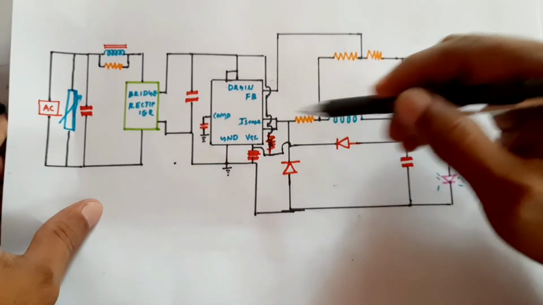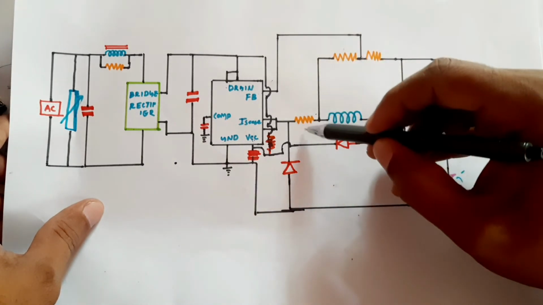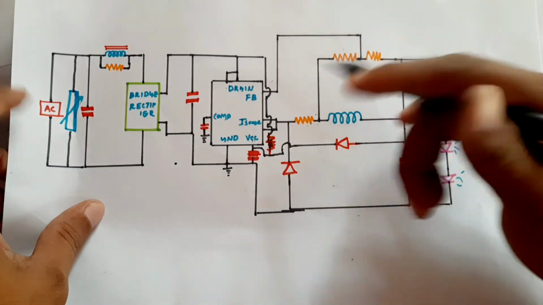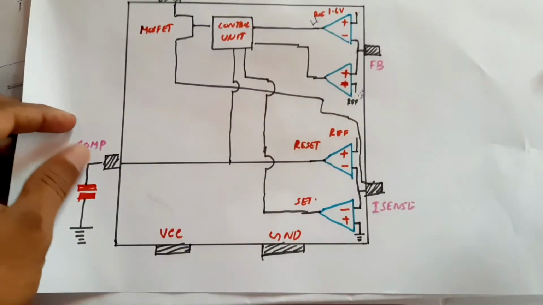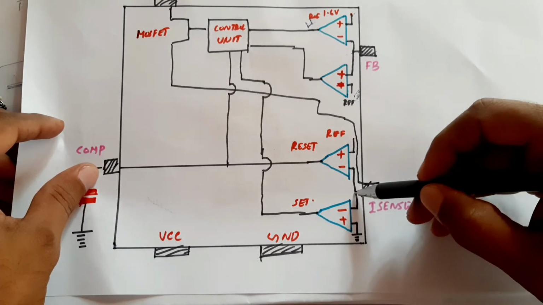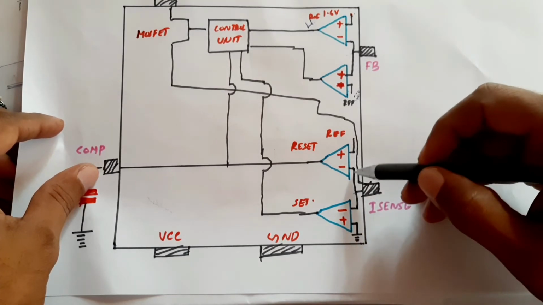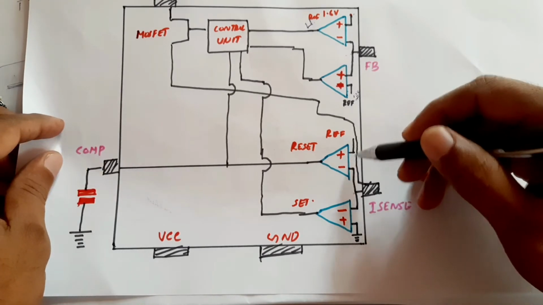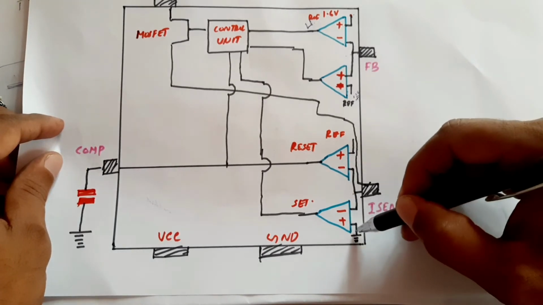This circuit is a buck converter, and there is a resistor. This resistor is used to sense the current. We can see here that this is the point where it is sensing the current, and here also a reference is given and a zero reference is given.